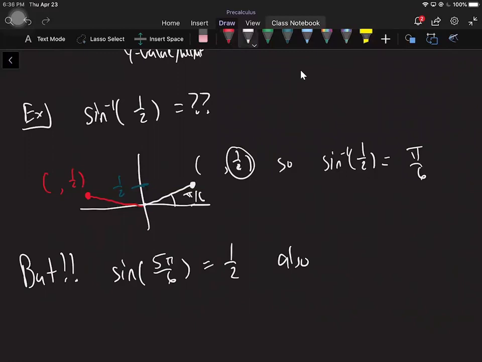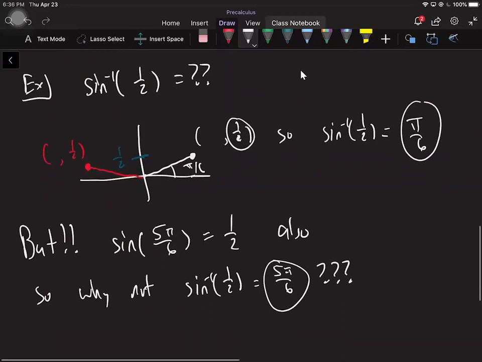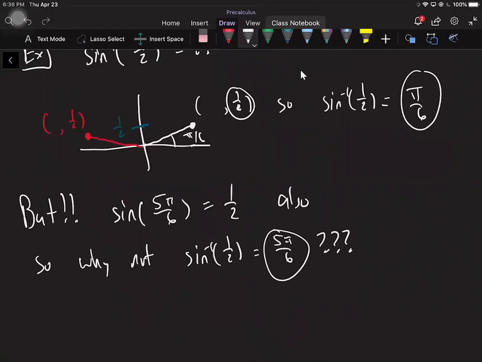So why not say that sine inverse of a half, the opposite of plugging in 5 pi over 6 and getting a half, should be 5 pi over 6? So why not this? Because both angles, pi over 6 and 5 pi over 6, give you a half. So if I undo a half, if I do the inverse, shouldn't I get both?